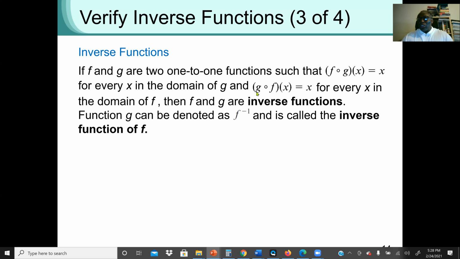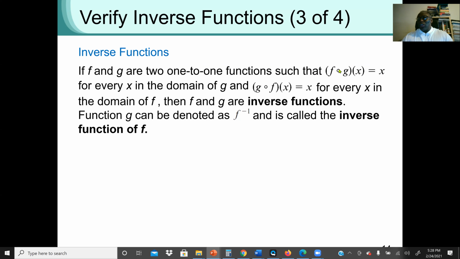And also g composite f is equal to x. So if I change the direction and I put f inside g, the answer also should be x.